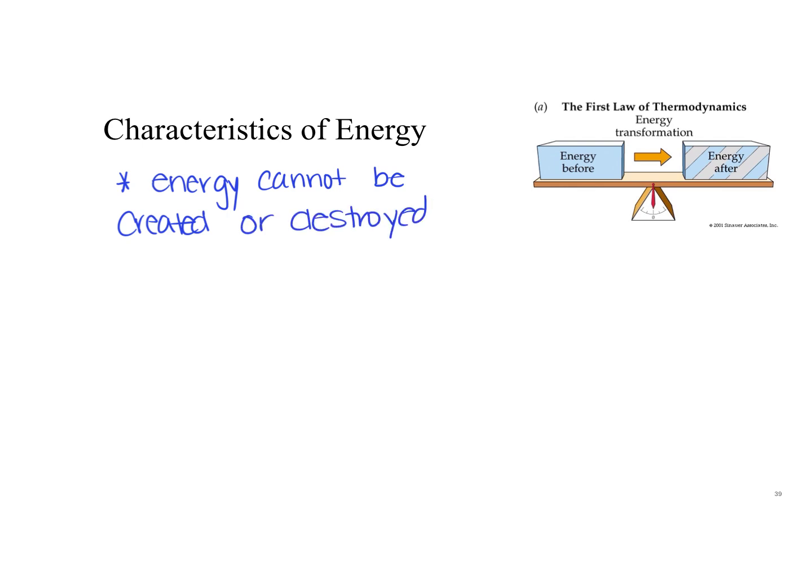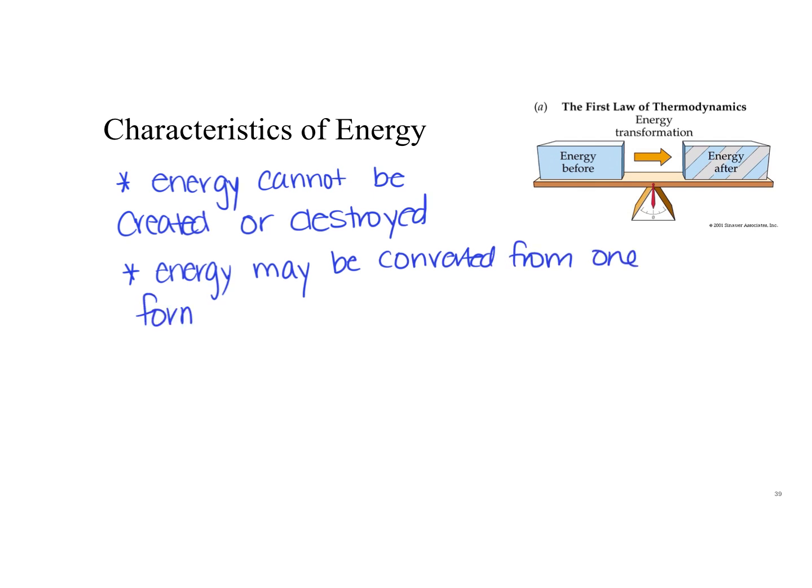Now, it can be converted from one form to another. So we just saw an example where kinetic energy was converted to potential energy. So energy may be converted from one form to another.